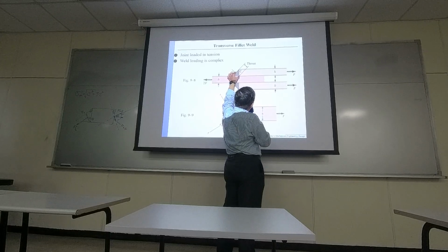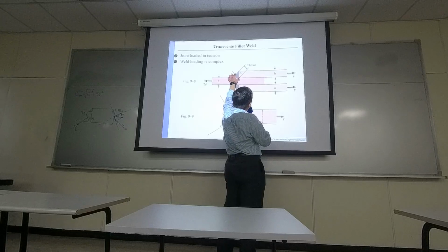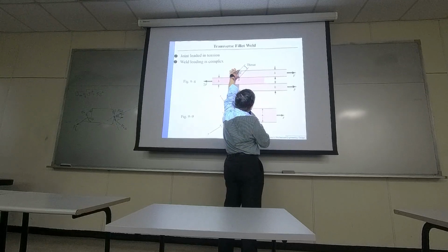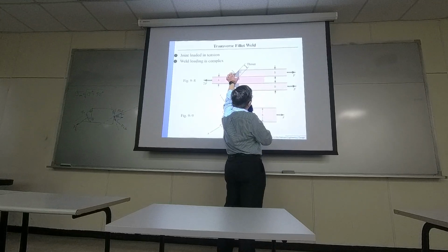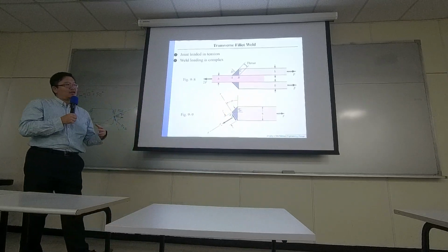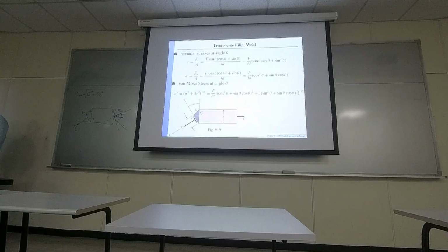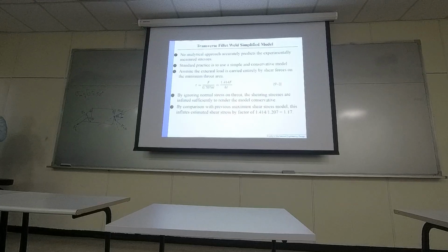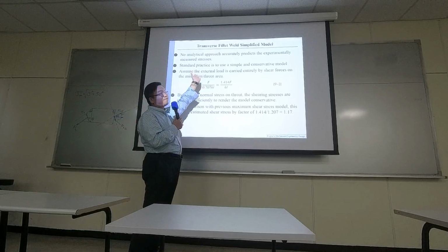So right at the throat, it has the smallest cross-section area. If you take a look at here, it has a longer width. So here should be the shortest width. So smallest area. Smallest area implies larger stress. So for simpler estimation of the stress, we usually study the stress at the 45 degree.